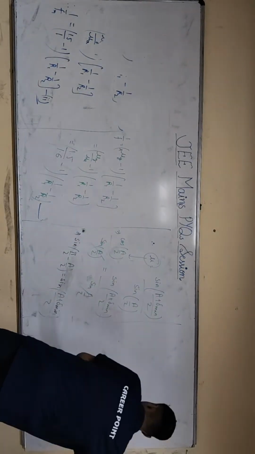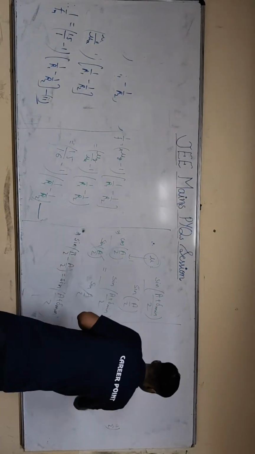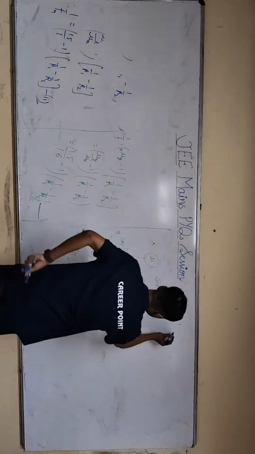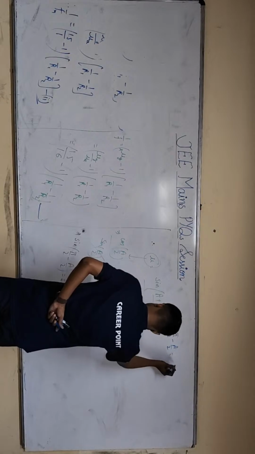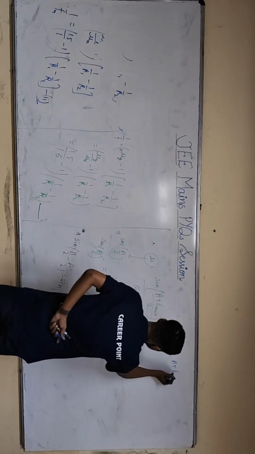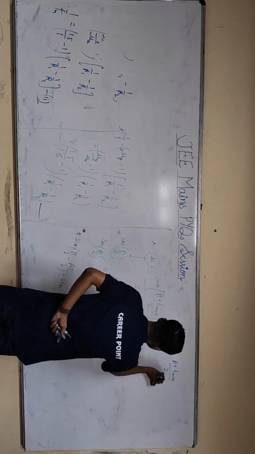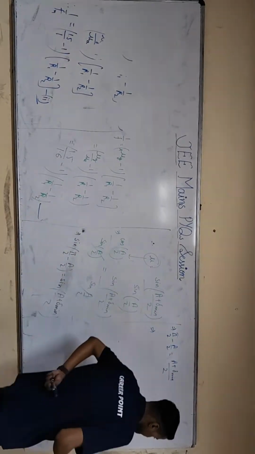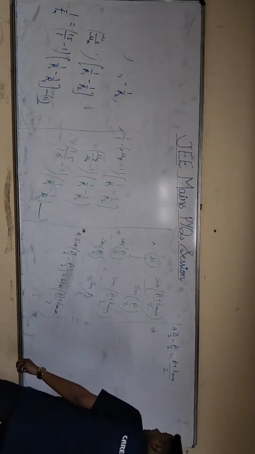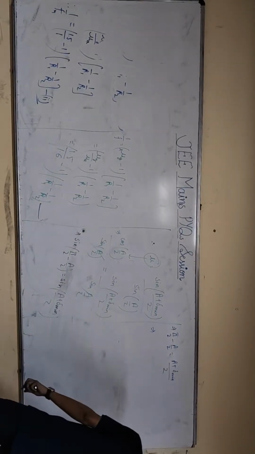So put the value and get your answer, that is pi/2 minus A/2 equals (A plus del minimum) by 2. So after solving this equation, you can get pi/2 minus A/2. Yes, that is correct.